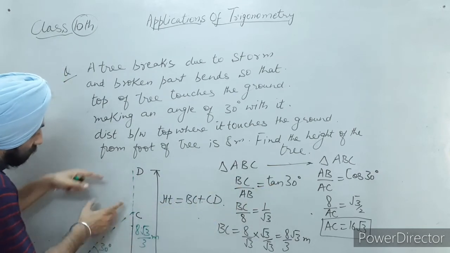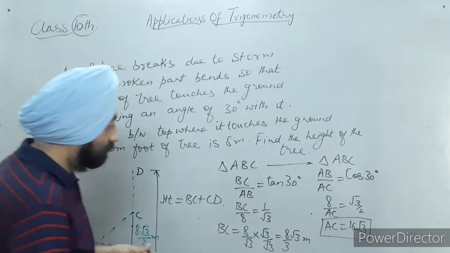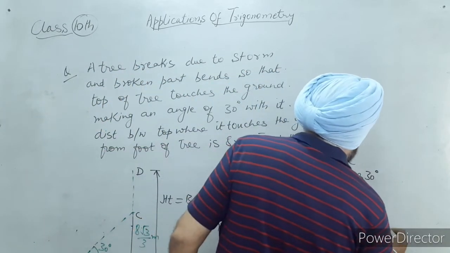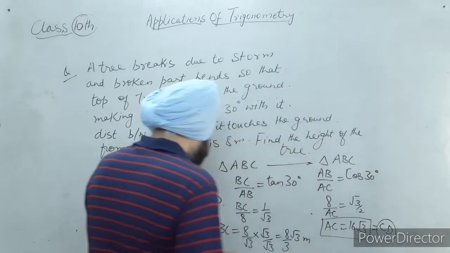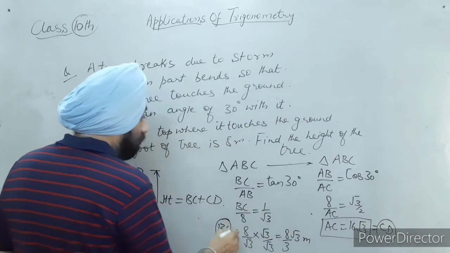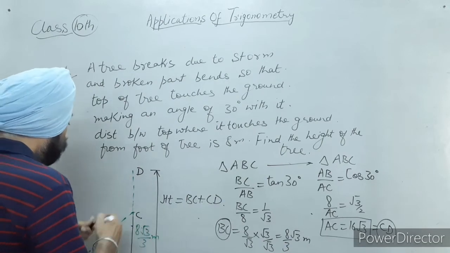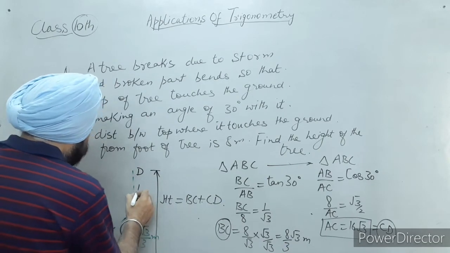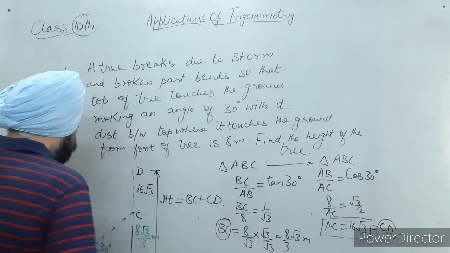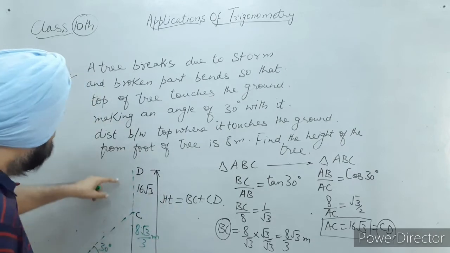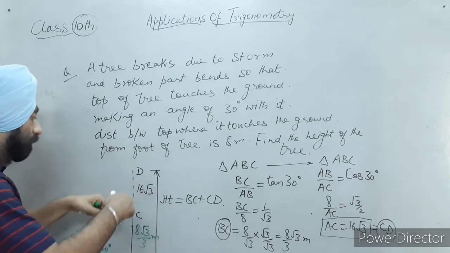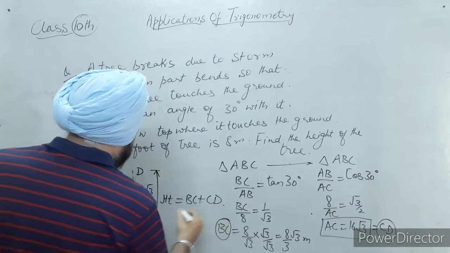Now AC is equal to CD. This is equal to CD, I can write. Right? Now I have BC. I have CD, this CD portion is 16 under root 3. Now, the total height of the tree before the storm was BC plus CD.